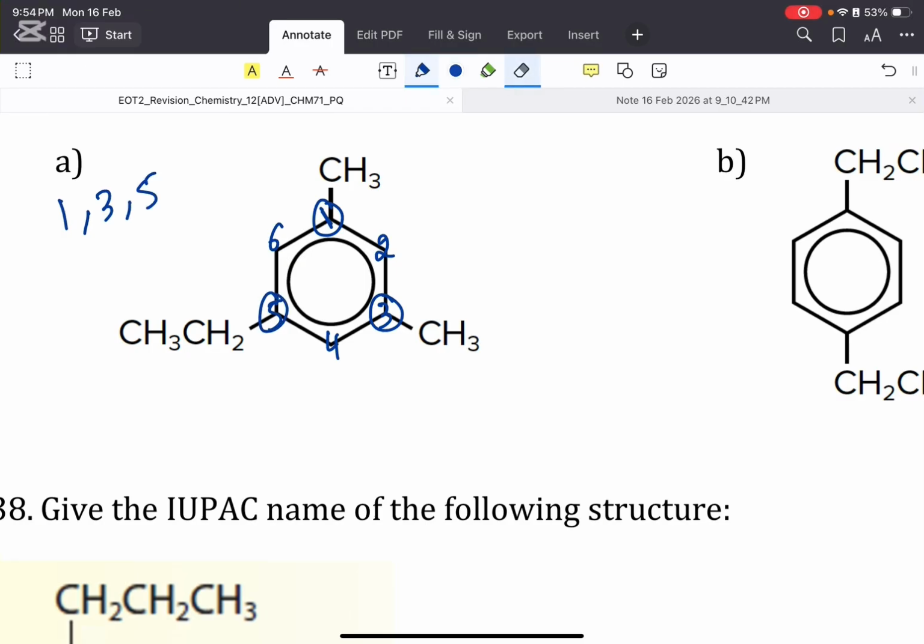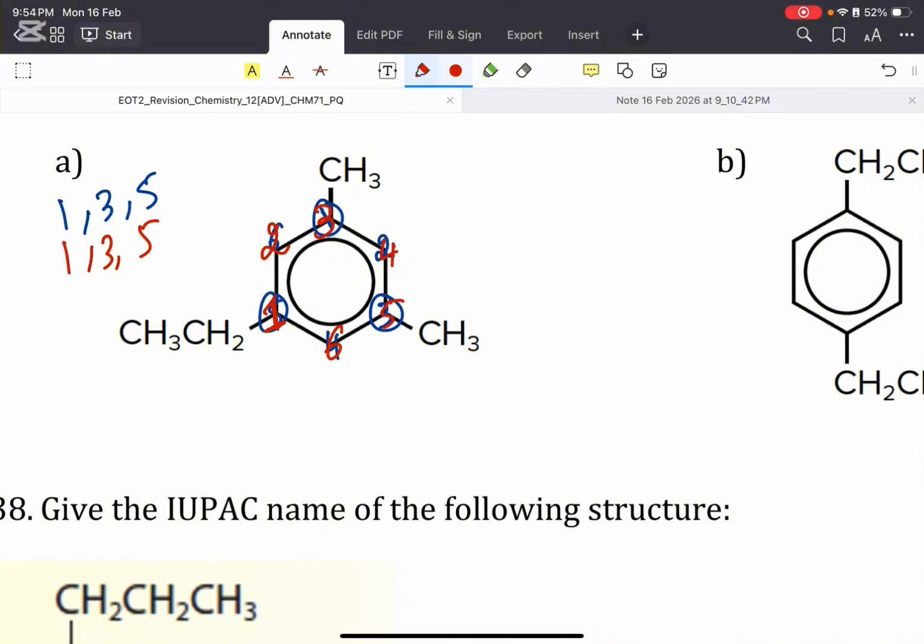Now let's do another way of numbering. I'm going to use the red color. What if I name 1, 2, 3, 4, 5, and 6? I'm going to get branches on the first, on the third, and on the fifth. Now the numbering in all directions always ends up with the same numbers, 135, 135.